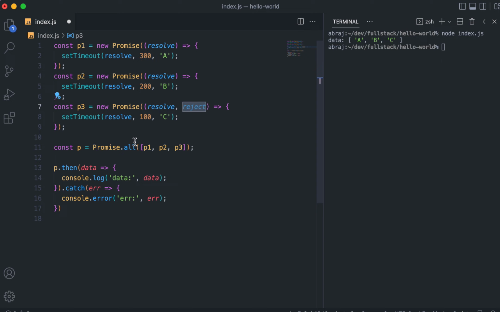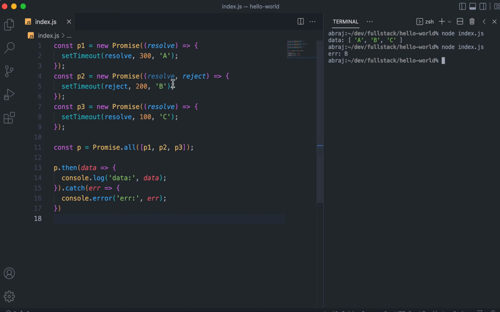You understand? All settlement or first rejection, which means that, let's say instead of this, the first one is resolved but the second one is rejected, then here only it can know that for the whole promise, I don't need to wait for these 300 milliseconds in order to see what happens to P1, because I have already seen that P2 is rejected, because now you can see that it is going to be rejected with error B, right?